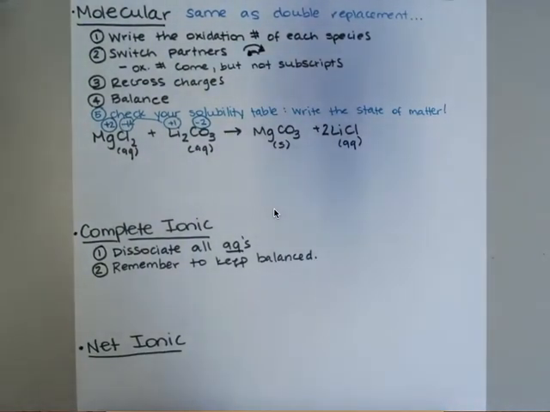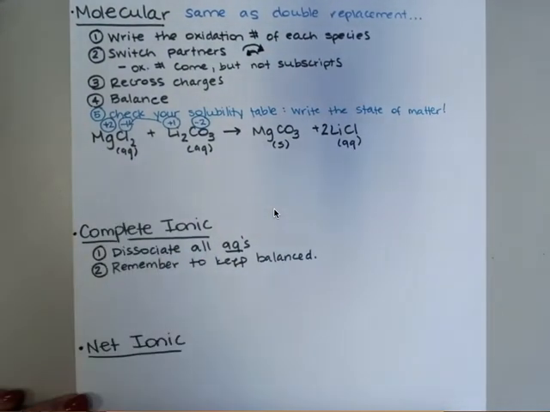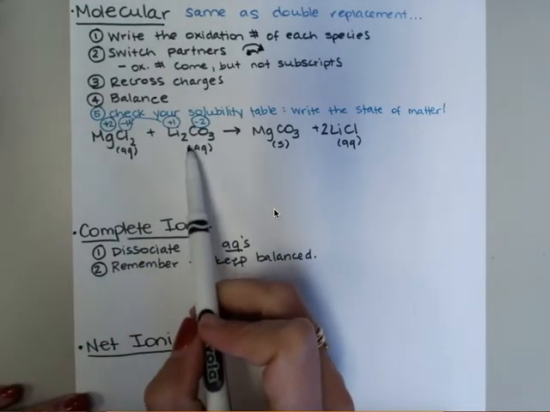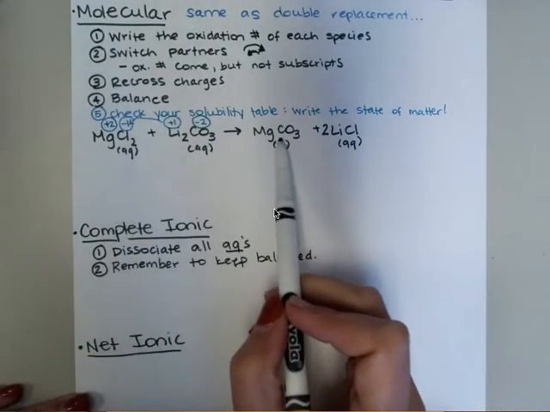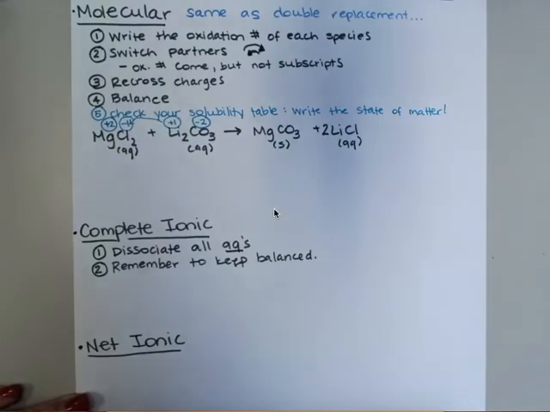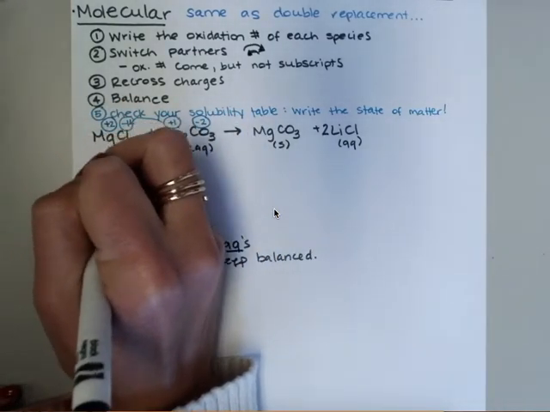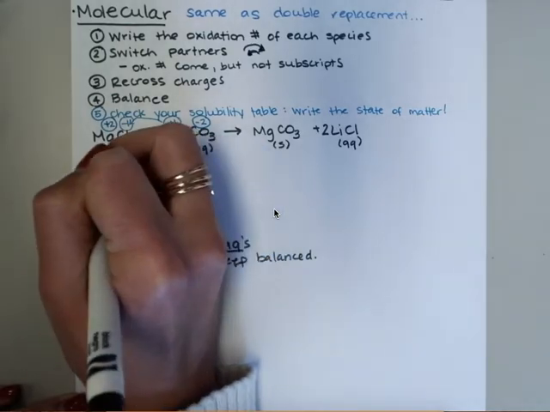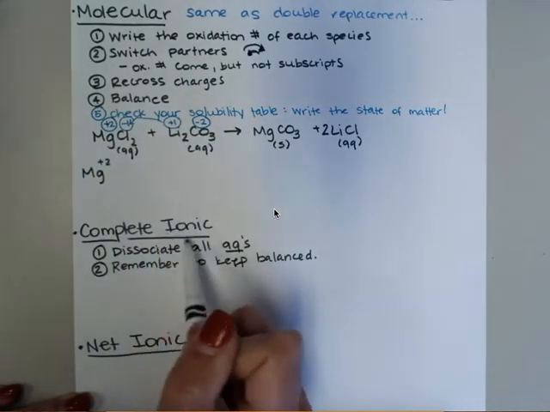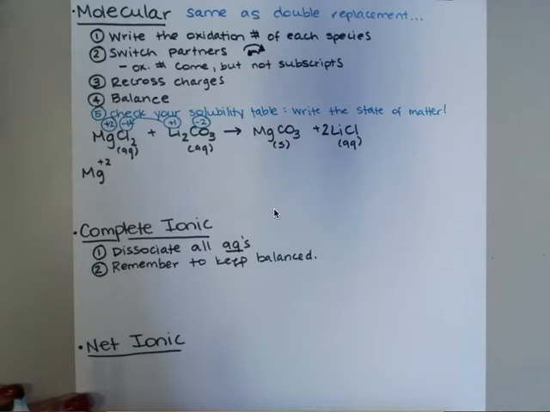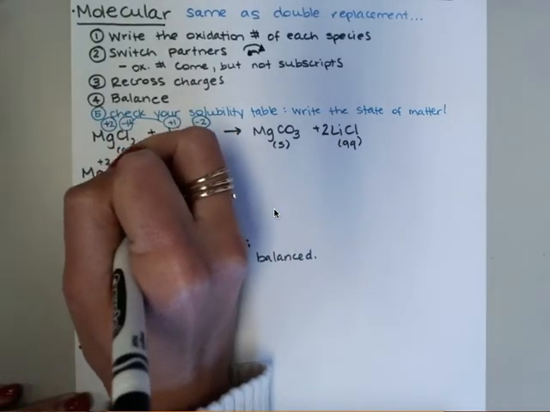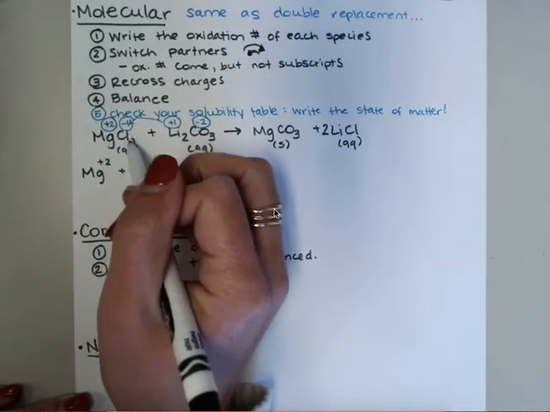So for a complete ionic, if I took this MgCl2 plus Li2CO3 producing magnesium carbonate and lithium chloride, I would dissociate those into magnesium ions. It's an ionic equation. You have to show the ions. And then it says MgCl2.